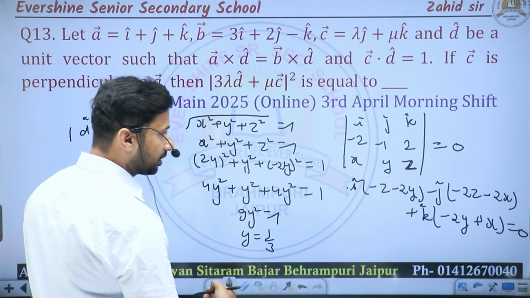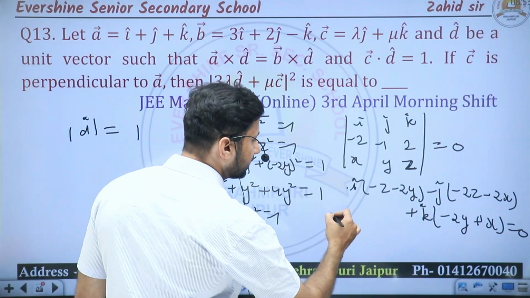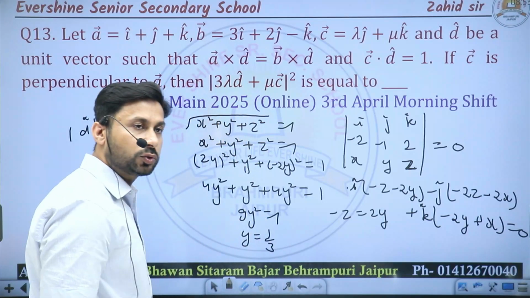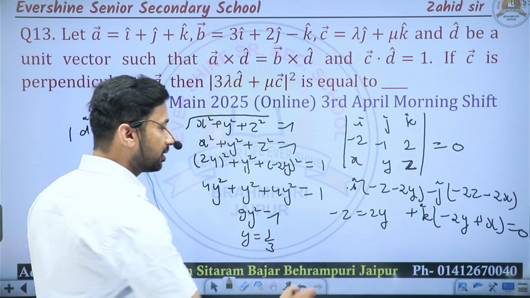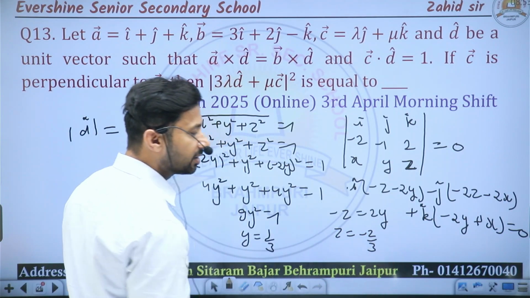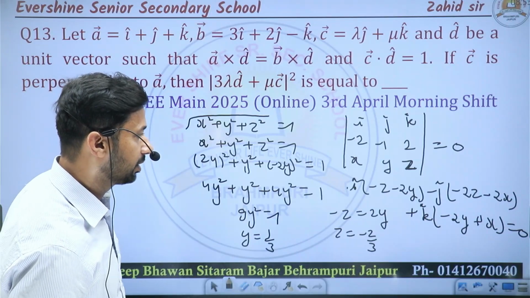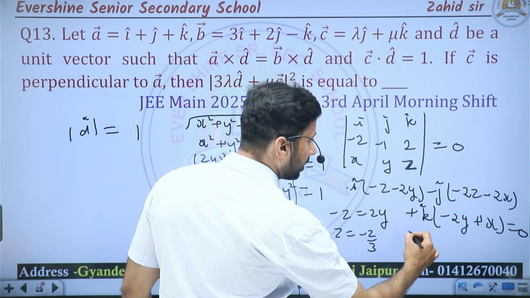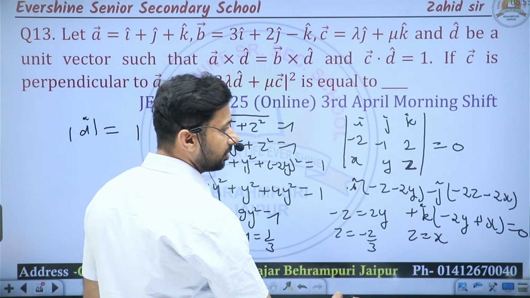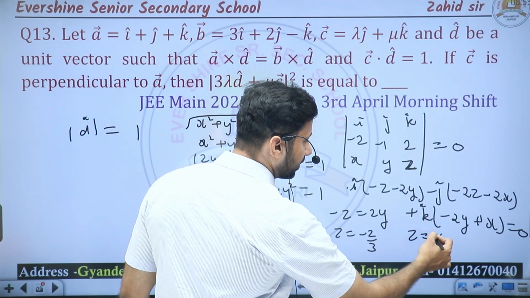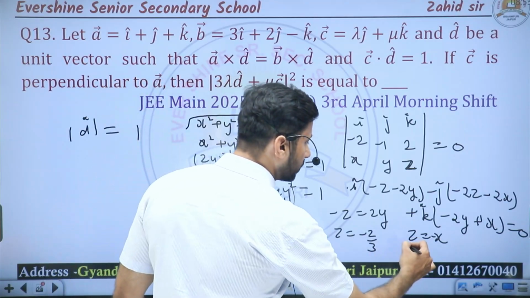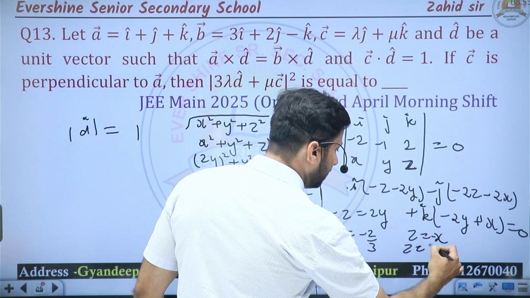Next, if y is 1/3, so as I know, z equals minus 2y. If y is 1/3, so z will be minus 2/3. And we know x equal to z with negative sign.